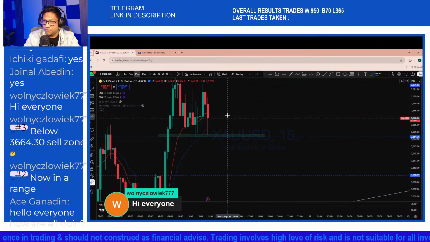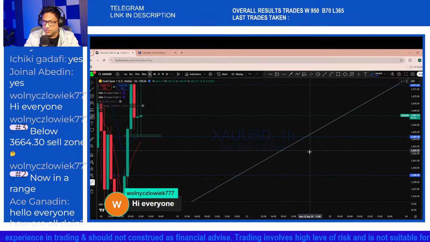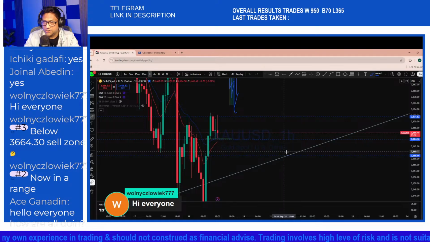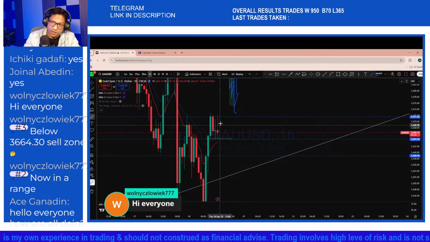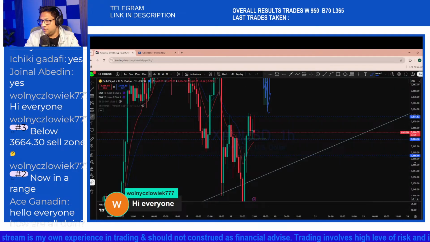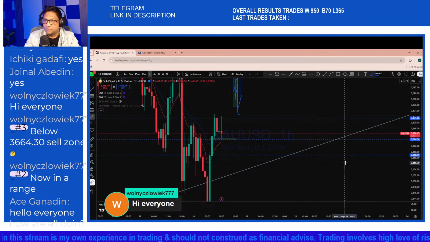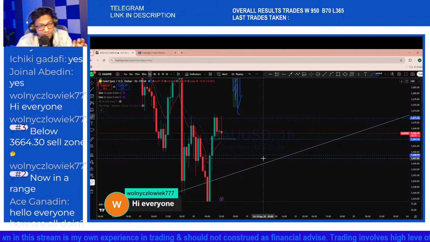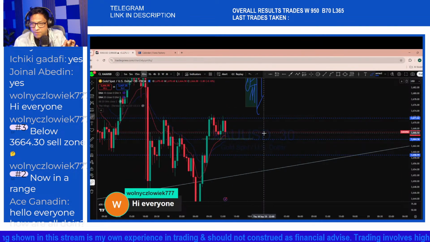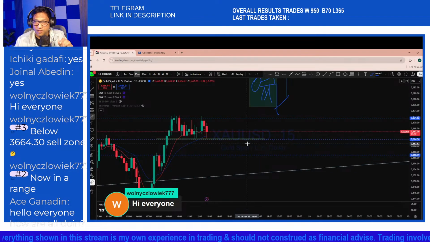Now, that being said, this is the 1 hour price action and the candle closing. If you look at the 1 hour, you can see it's a doji. This 1 hour doji can potentially be a bearish sign in that area. The market structure is still showing that it can be bearish.